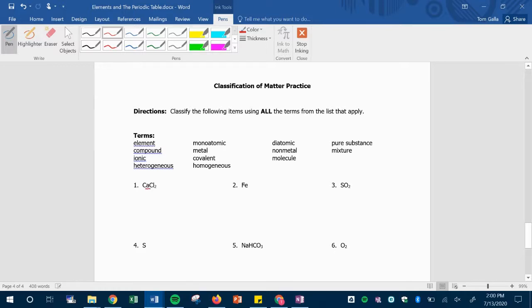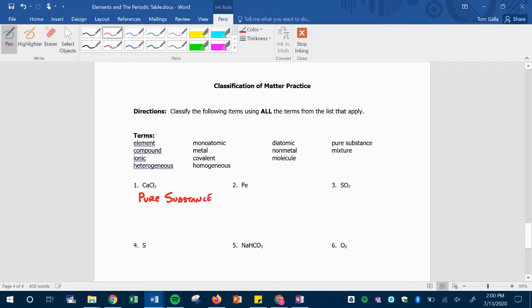And so we have Ca, and immediately afterwards is Cl2. Now, the fact that they're written one after another indicates that this is bonded together. And if it's bonded together, that means it's not a mixture, but instead a pure substance. And so that's the first label that this gets.